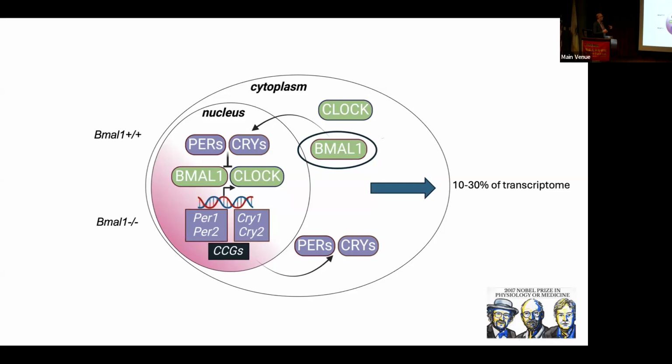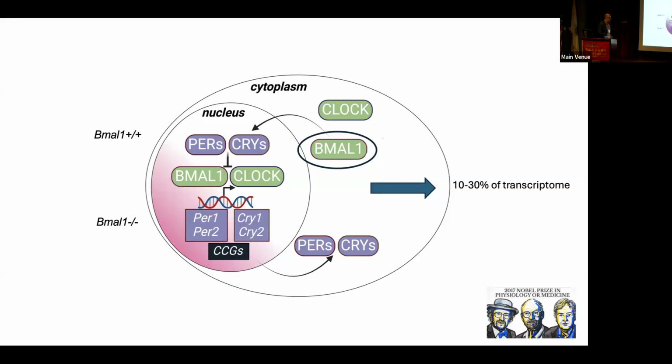Basically, we have a transcriptional translational feedback loop, or TTFL, in the field. The positive part, in green, is the BMAL1 and CLOCK transcription factors that form a partnership and drive many thousands of genes, including their own inhibitors, the period and cryptochromes, which go out into the cytoplasm, go through all sorts of machinations and regulation, and then come back in and turn off the things that turned them on in the first place.